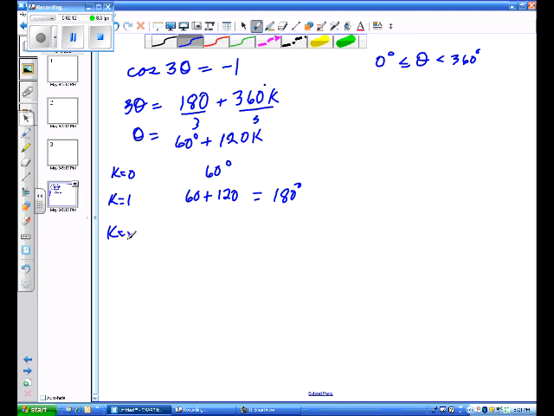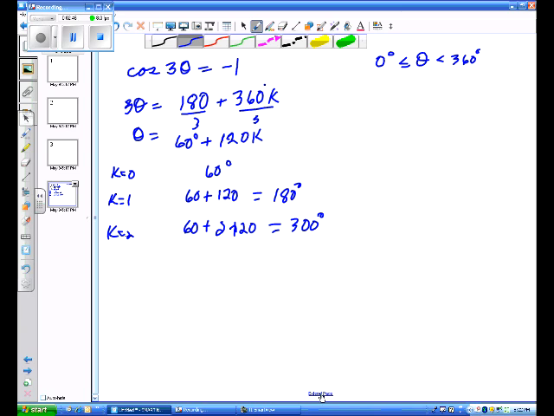If k is 2, it's going to be 60 plus 2 times 120, or 240, and that would be 300 degrees. Now if it's a 3 theta, then we're going to have 3 of these. And if you weren't in doubt, if we went ahead and did k equals 3, well, 3 times 120 is 360, plus 60 is going to be beyond 360 degrees. So this gets us all of our answers.